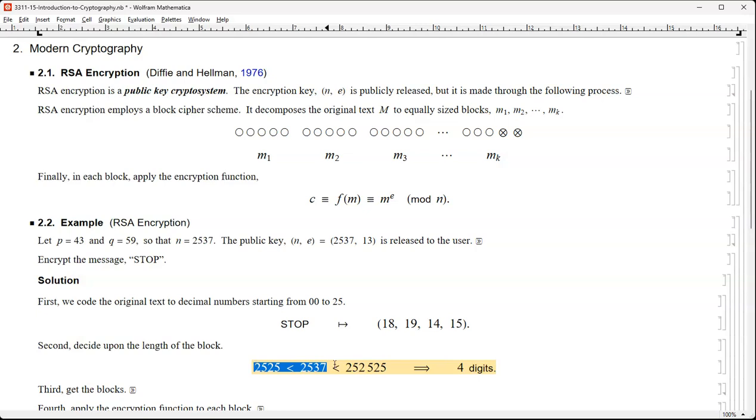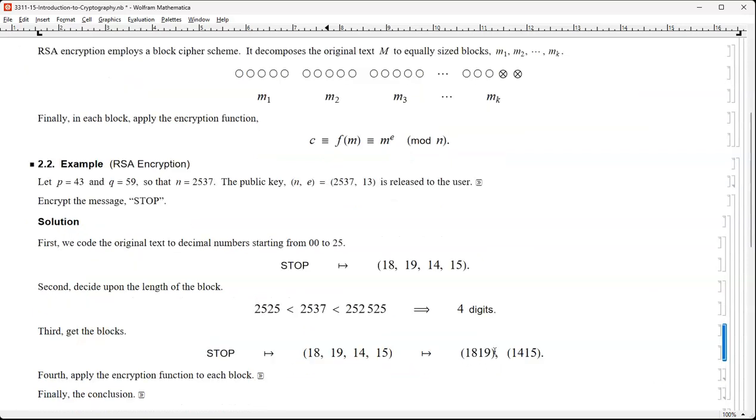And what if it's bigger than this? Then we go with another 25, and then more 25s, you see. And so depending upon how large your n is, you're going to get either 4-digit or 6-digit or 8-digit, and so on and so forth. In this particular case, 4 digits. So we have two 4-digit numbers, 1819 and 1415.